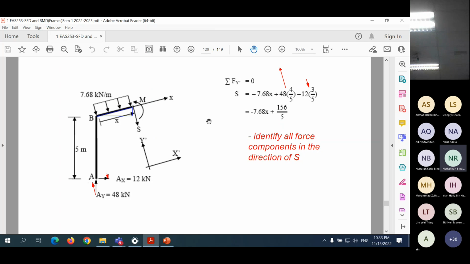So all the forces which are not in that direction, you have to find the component. You see there are these small arrows, these are all the components of this. This is a component of that. That is why it is important to know the direction of the axial force and how to find this component.